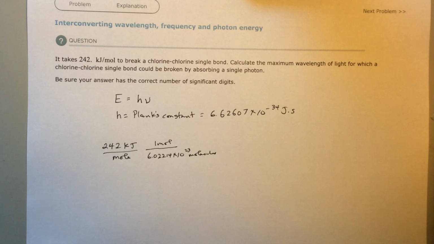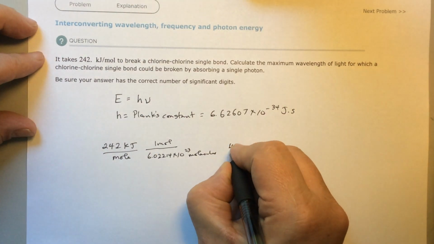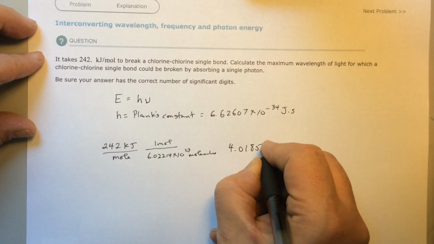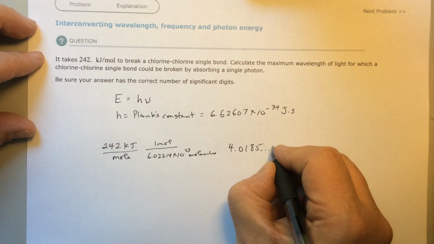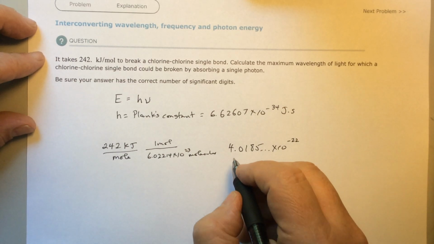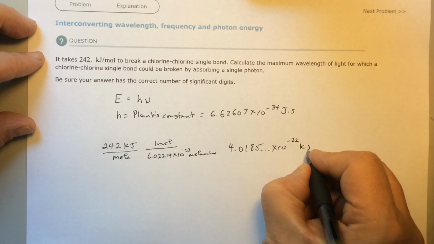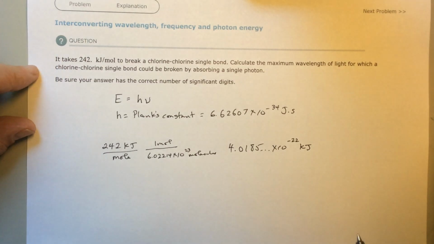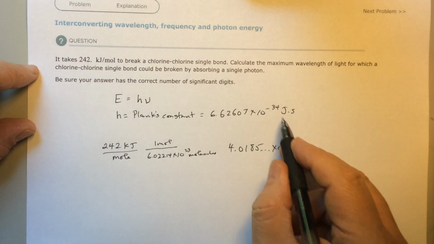When I divide that out, 242 divided by 6.02214 times 10 to the 23rd is going to give you 4.0185 dot dot dot times 10 to the negative 22nd power, and this is kilojoules. Now I want to cancel.